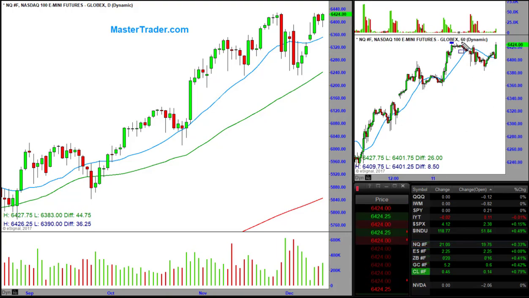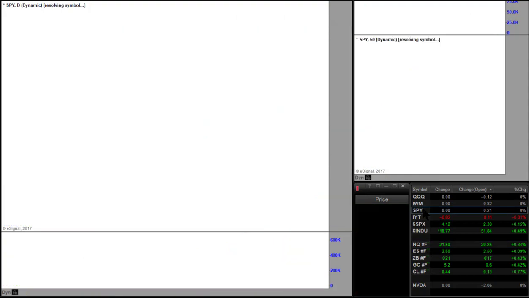And now we wait to see, what are they going to do at resistance? Do they get through it, or do they pull back down to that support level? So we're constantly monitoring just what I showed you on an ongoing basis to determine the direction of prices and how we can participate in an existing trend.